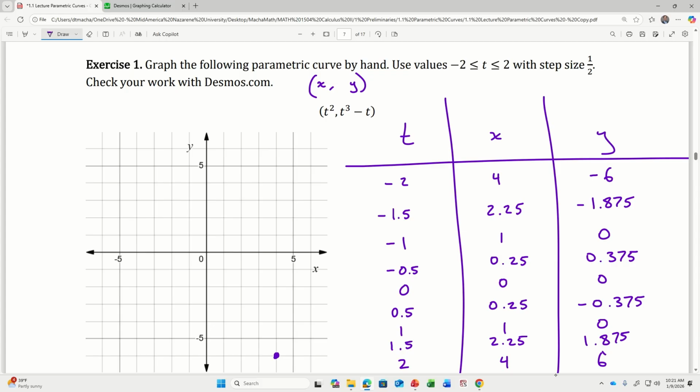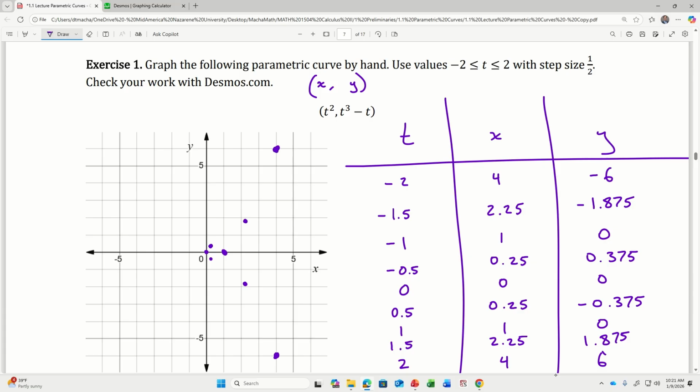And then 2.25, -1.875, and then 1, 0, 0.25, 0.375, 0, 0, 0.25, -0.375, 1, 0, 2.25, 1.875, 4, 6.